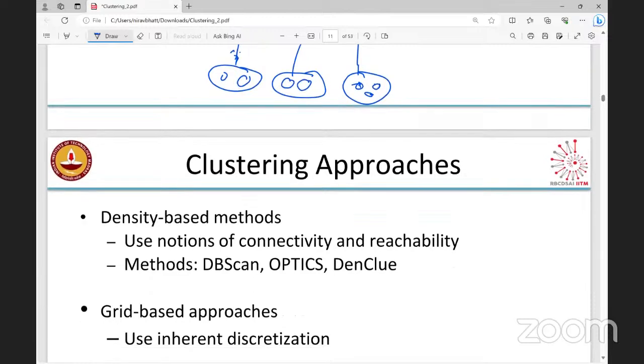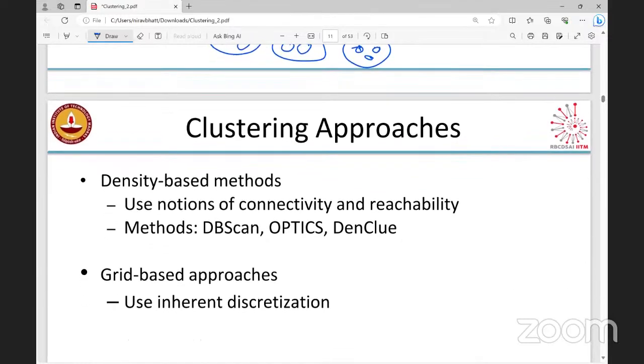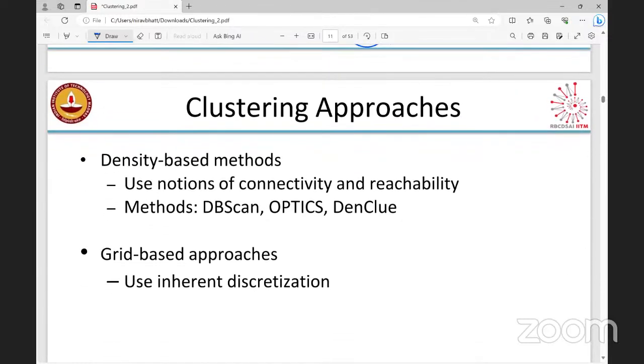Then there is the density-based method. One of the challenges in some of the hierarchical or partitioning-based methods is that if I have a shape like this, let's say my cluster is like this, then how do we actually cluster them?